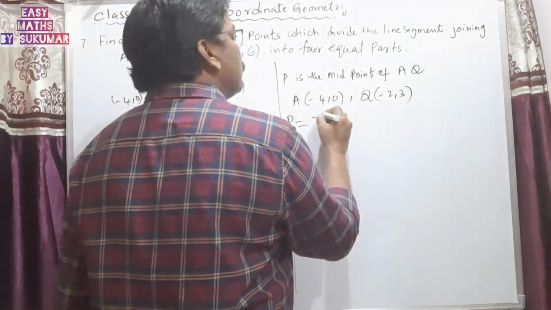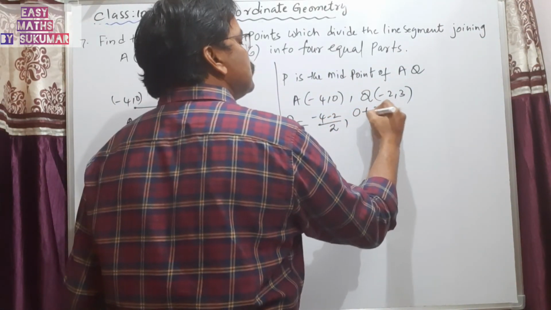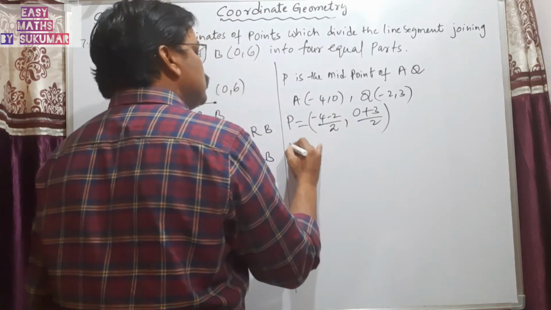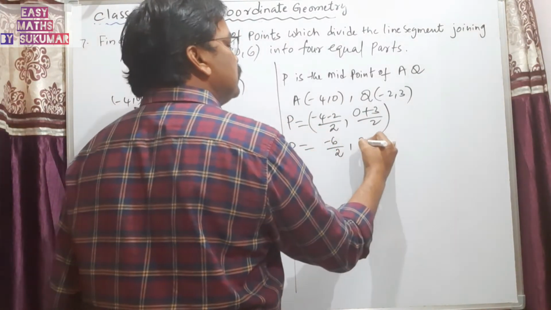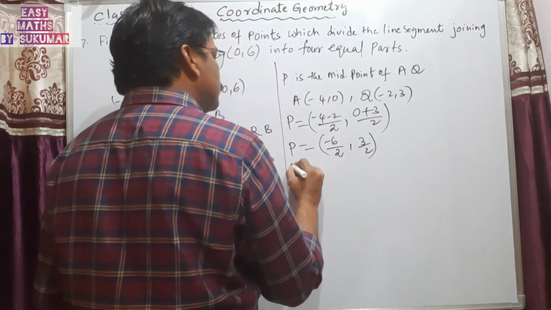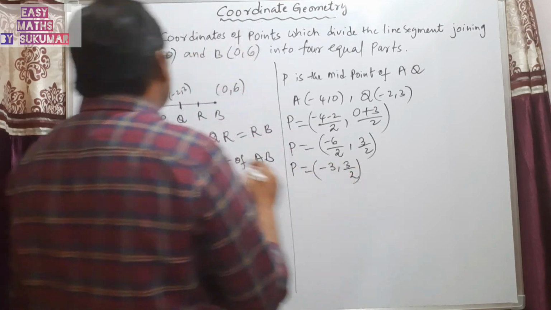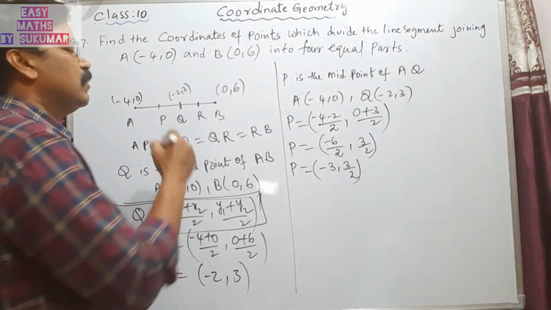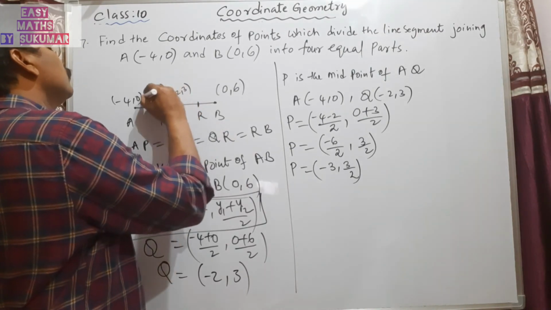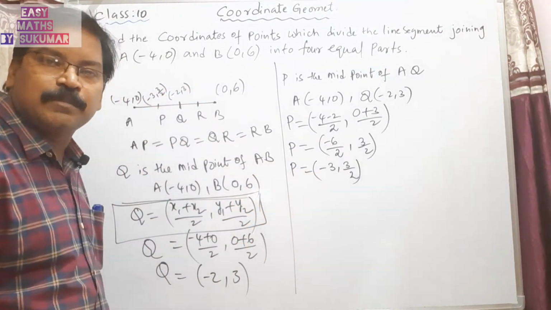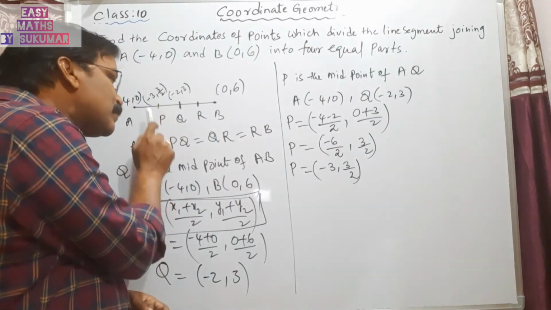That means minus 4 minus 2 by 2 comma 0 plus 3 by 2. So P is minus 4 minus 2 is minus 6 by 2 comma 3 by 2, that means P is minus 3 comma 3 by 2. So the coordinates of P are minus 3 comma 3 by 2. So we got the second point also, Q and P.